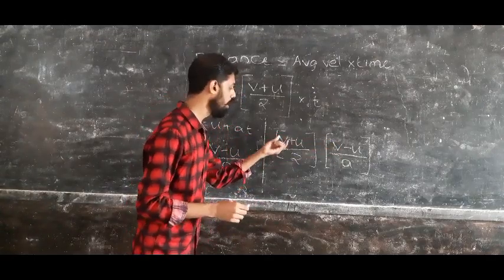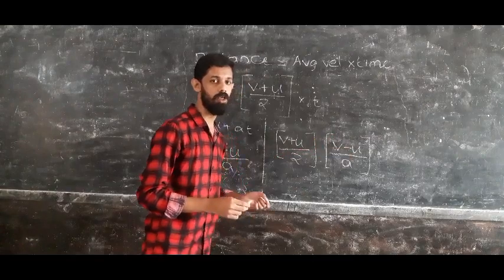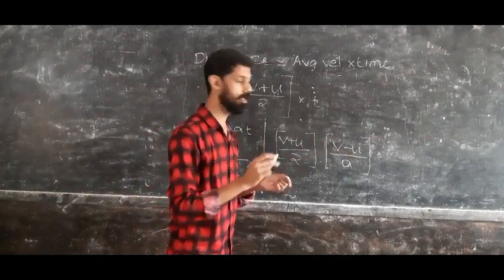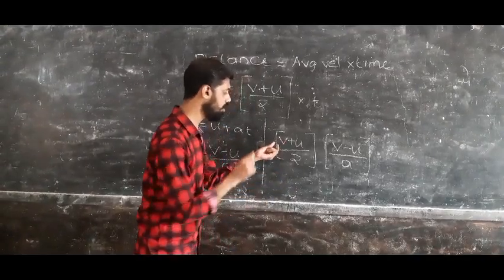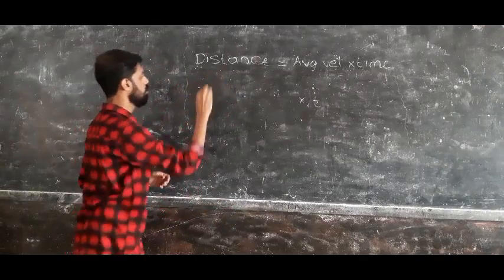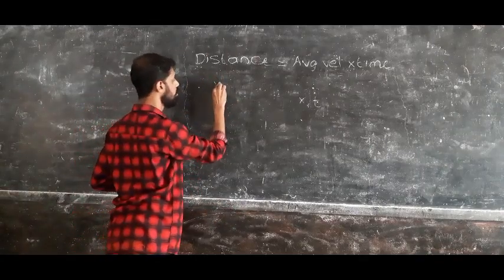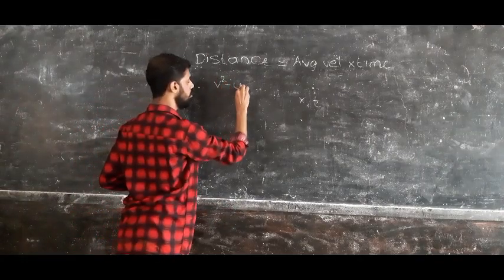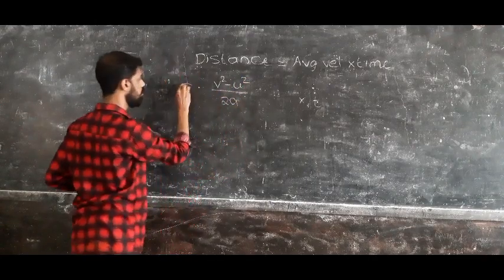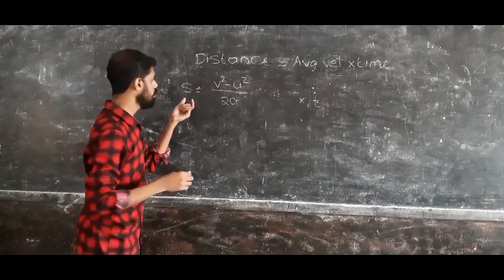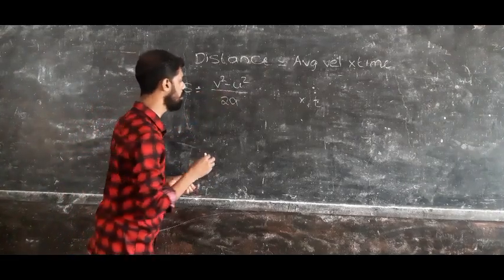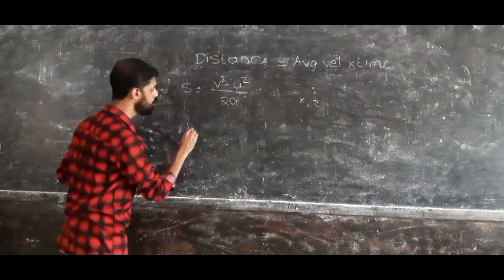Now, v plus u into v minus u is in the form of a plus b into a minus b. What is the formula for a plus b into a minus b? That is a square minus b square. So we can write v square minus u square. The equation becomes s equal to v square minus u square divided by 2a.